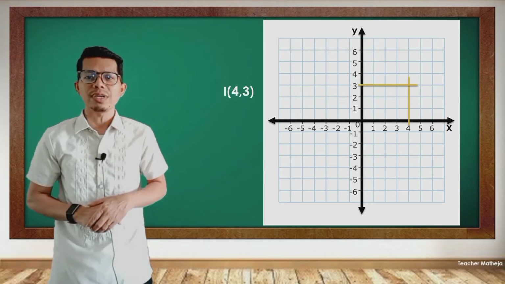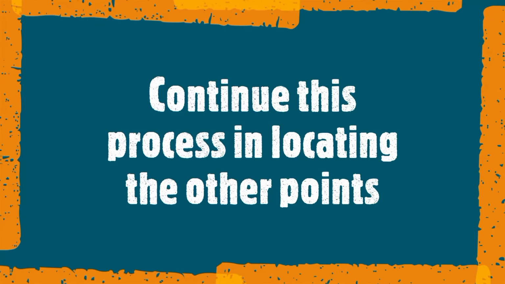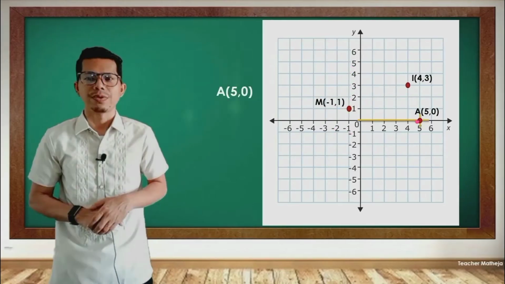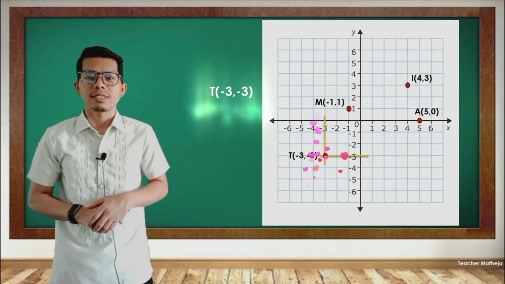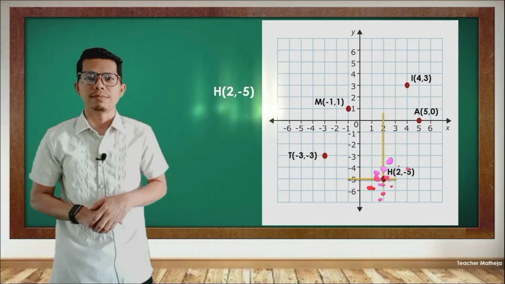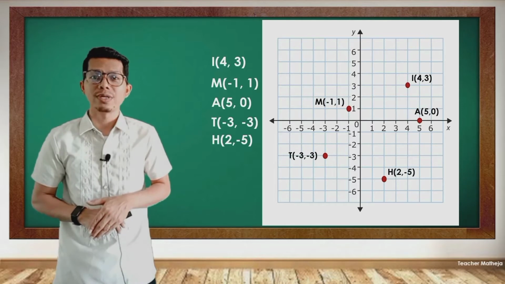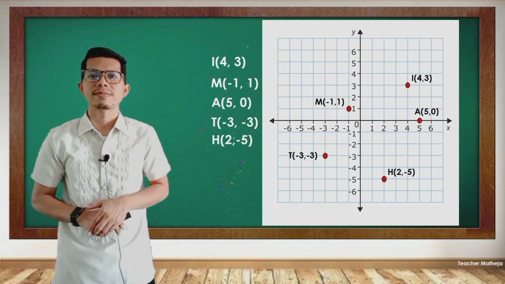So, the point of intersection is now what we call the point (4, 3) or point I. That's how we plot points on the coordinate plane. I know you can still remember that.